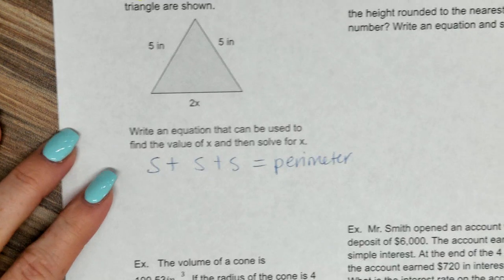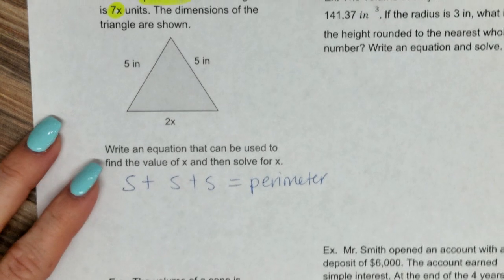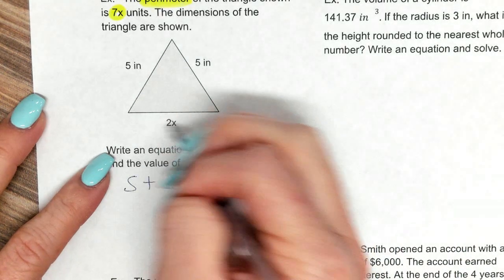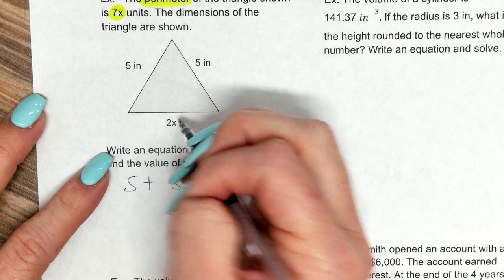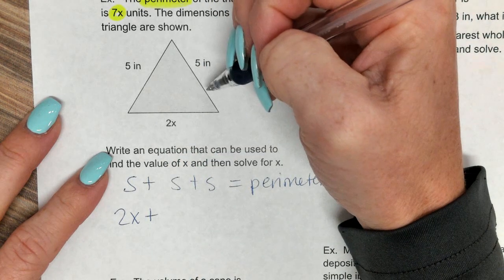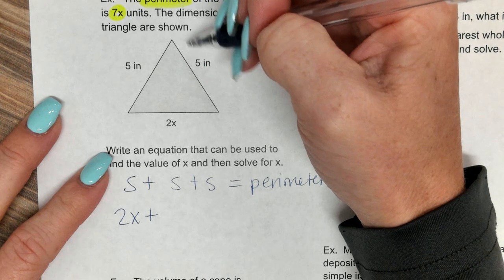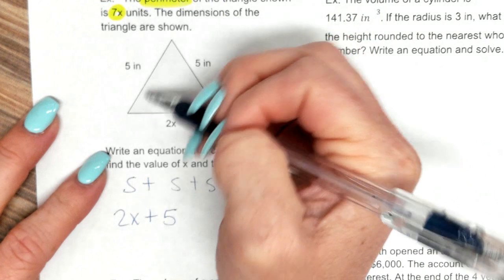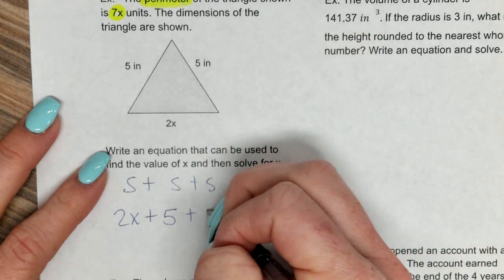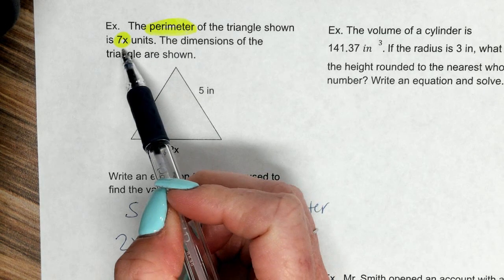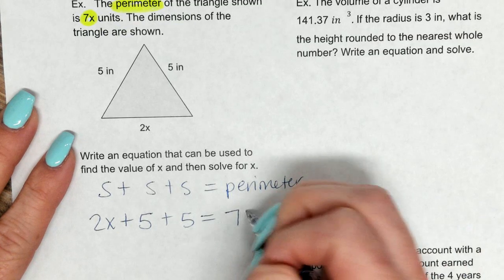has to be the perimeter. Now I'm going to plug in everything I know. Do I know this side? Yes or no? So 2x plus, do I know this side? I can't hear y'all. So what do I do? Plus 5. Do I know this side? Plus 5 has to equal the perimeter. Well, what was the perimeter? The perimeter is 7x.